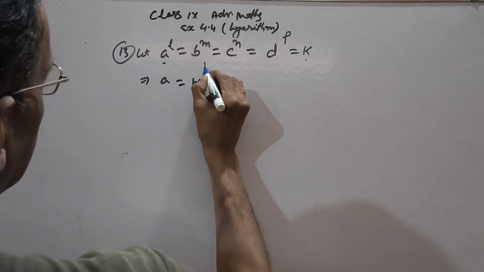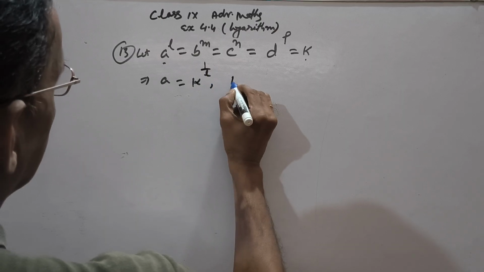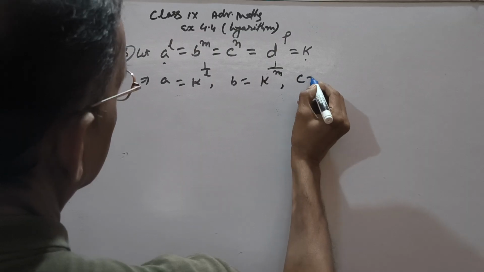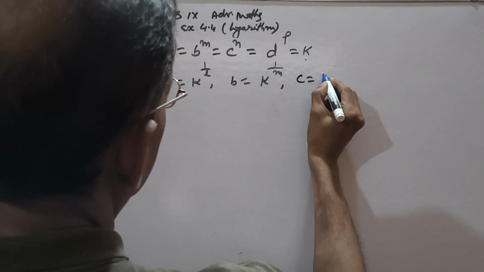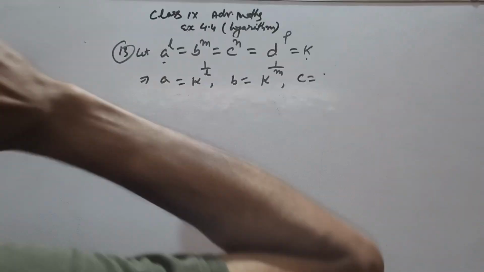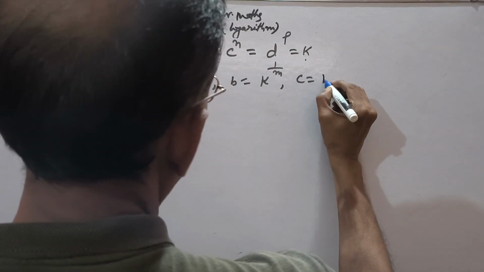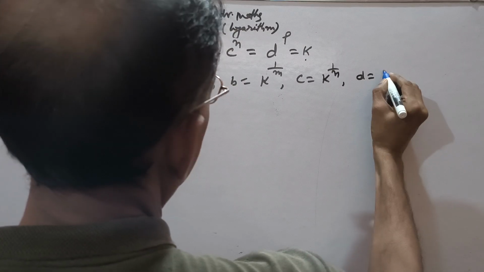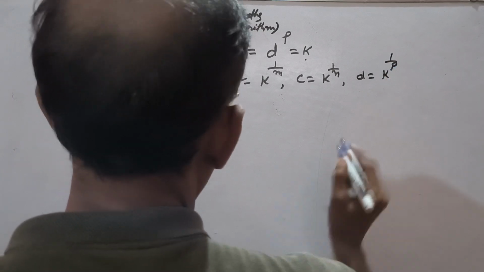A equal to K to the power 1 by L, B equal to K to the power 1 by M, C equal to K to the power 1 by N, and obviously D equal to K to the power 1 by P.